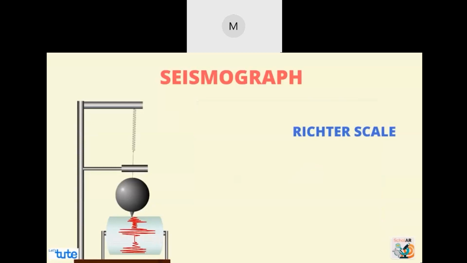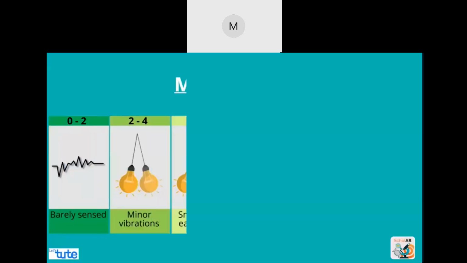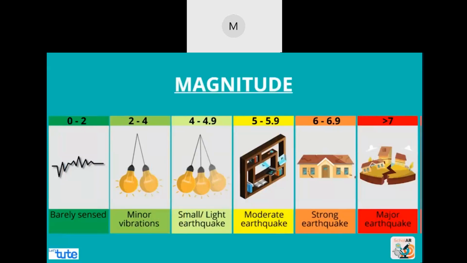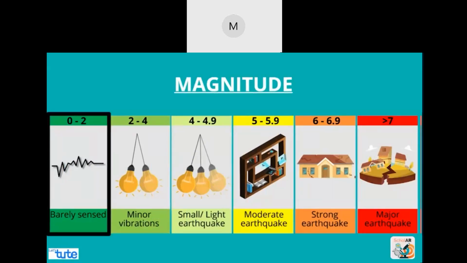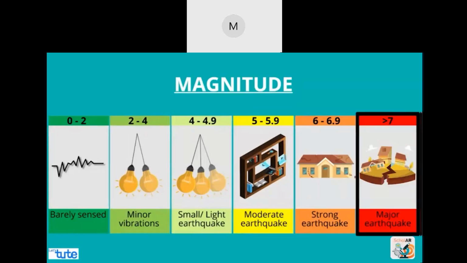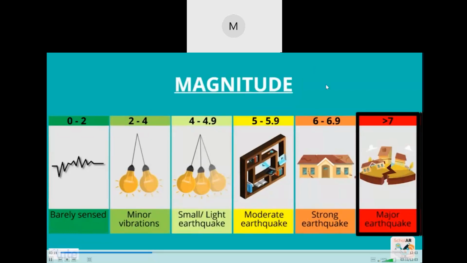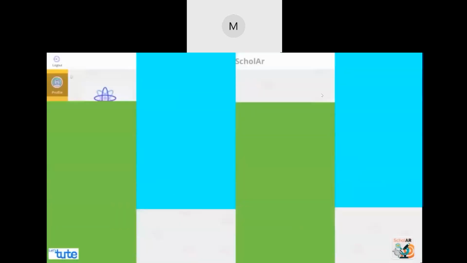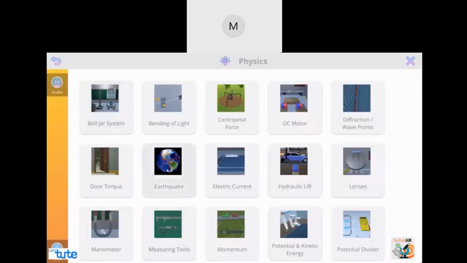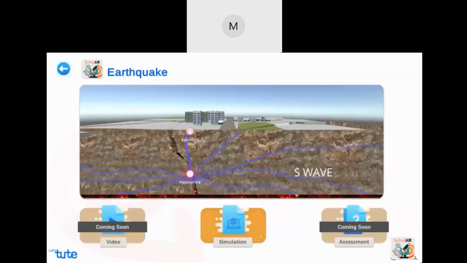This magnitude relates to energy released during the earthquake. Magnitude is expressed in absolute numbers 0 to 10, where 0 is lowest, where people feel nothing, and 10 being the highest that can create severe destruction and loss of life over a large area. In order to know more about earthquake, let's jump to the simulator.